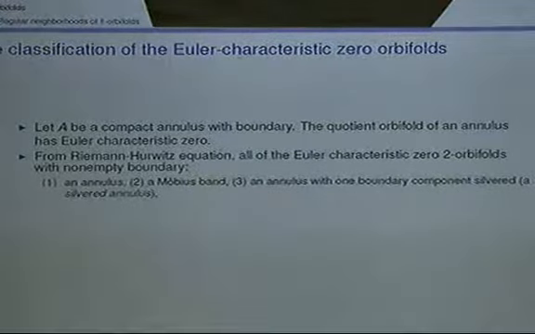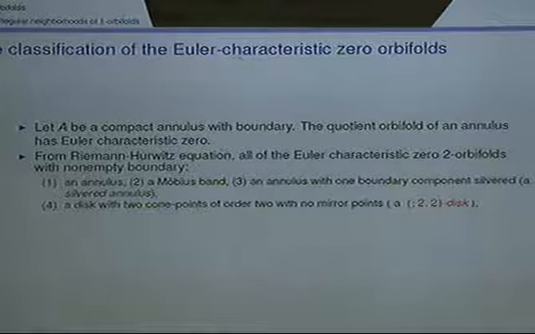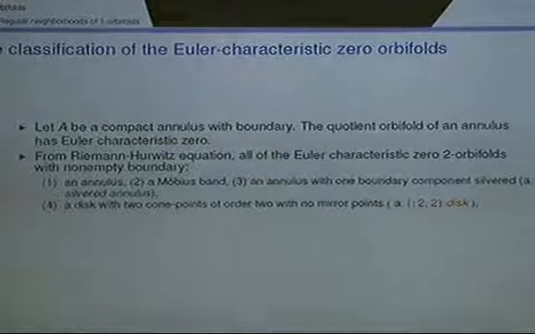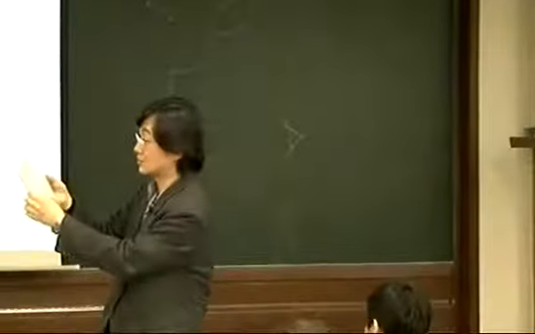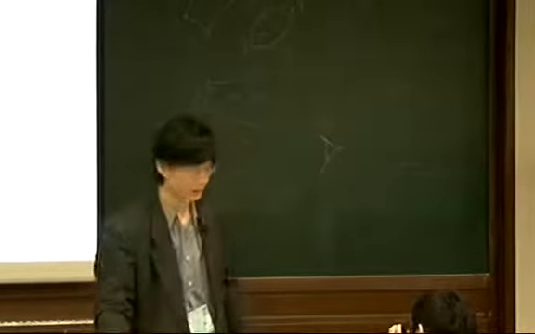So it's called the silvered annulus. And a disk with 2 corner points of order 2 with no mirror points. So you take some disk, and then you put two 2s in here. Okay, so that's called a 2-2 disk, because this angle is 180 degrees here and 180 degrees here. So this will be a 2-2 disk.